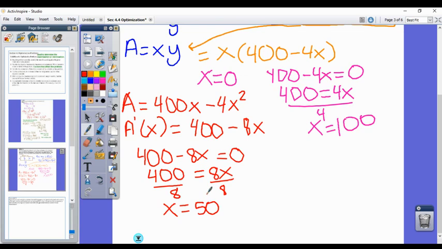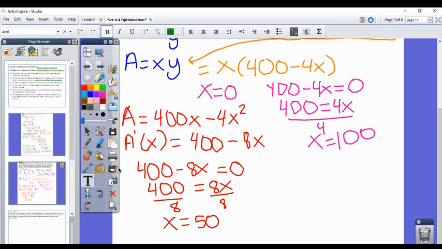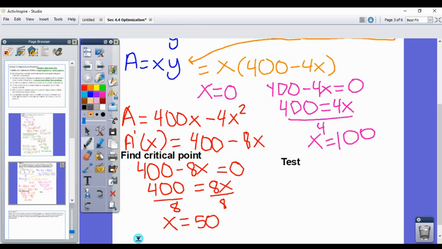Okay, so now what we're going to do is we're going to check our points. Okay, so this was finding the critical point. I just want to write that down. This was find critical point. Okay, and now we're going to perform a test. So we are going to be testing x equals 0, x equals 100, and x equals 50.